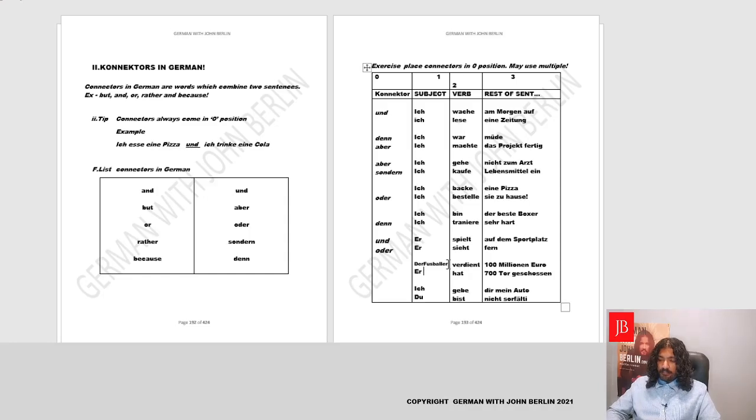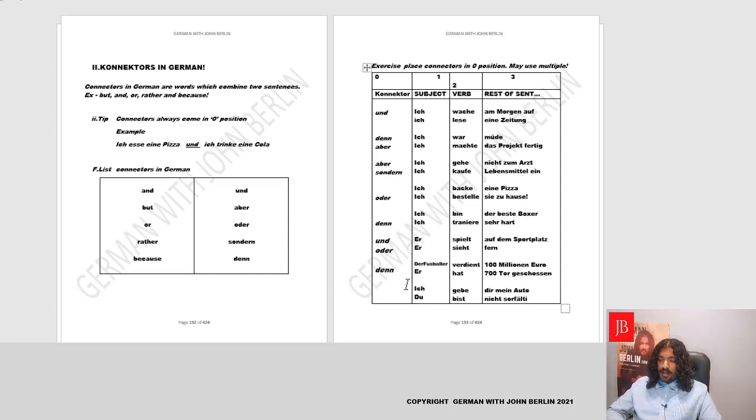So basically the footballer earns 100 million euro. He has shot 700 goals. Yes. So why does he earn 100 million euro? Because. So it will be denn. Der Fußballer verdient 100 Millionen Euro, denn er hat 700 Tor geschossen.